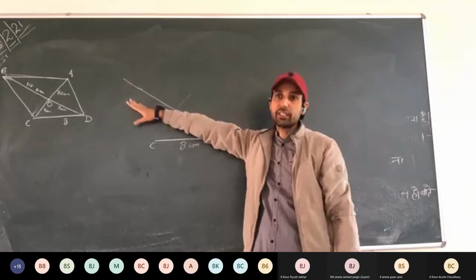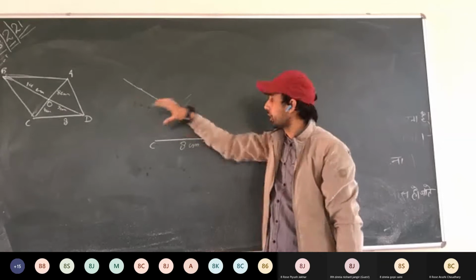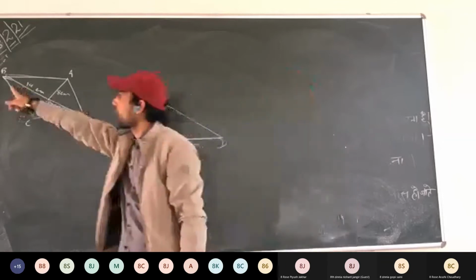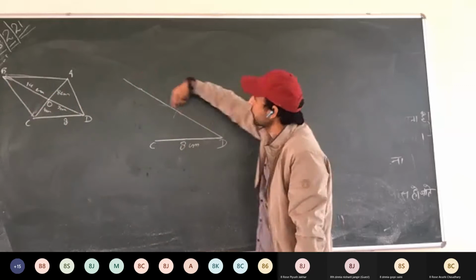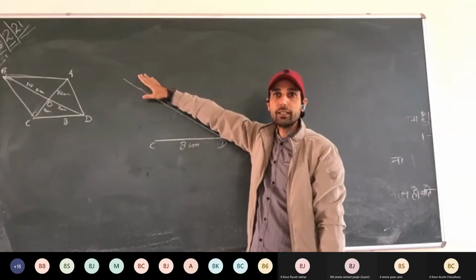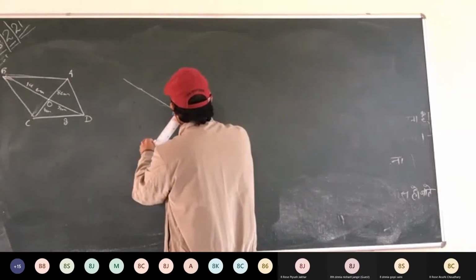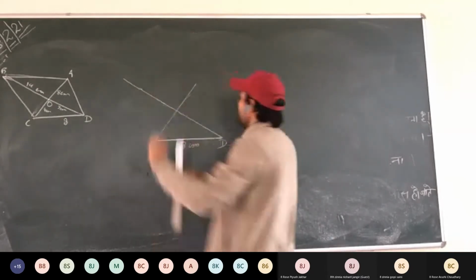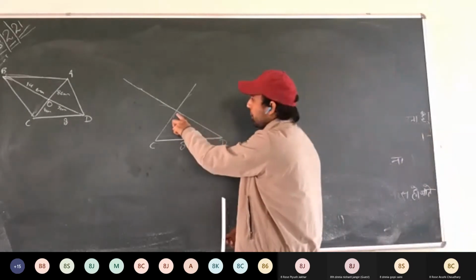So draw more than 14 centimeters. Because this diagonal we have to draw how much? 14 centimeters. This is 7 centimeters. So project it more. This is clear? Understood this one? So we have got the midpoint O.